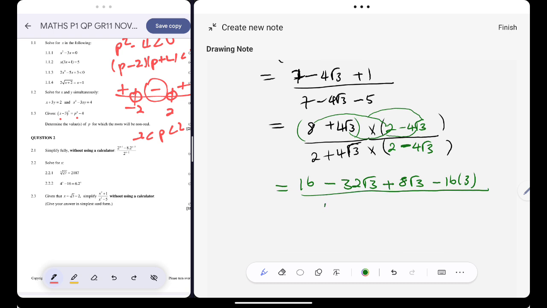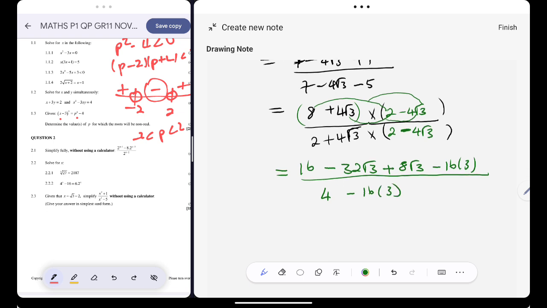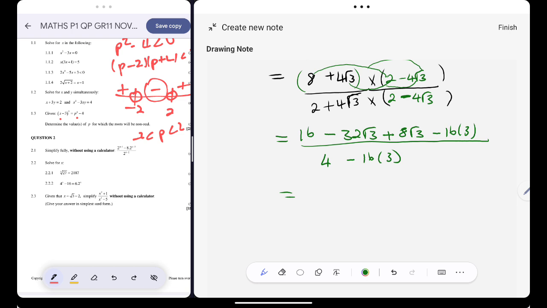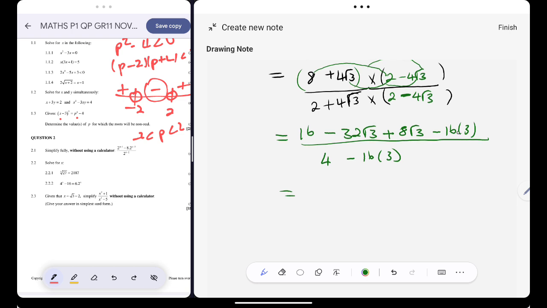And then here I'll have 4 minus 16 times 3. 16 minus 16 times 3 is equal to negative 32, and then here I'll have negative 24 root 3.